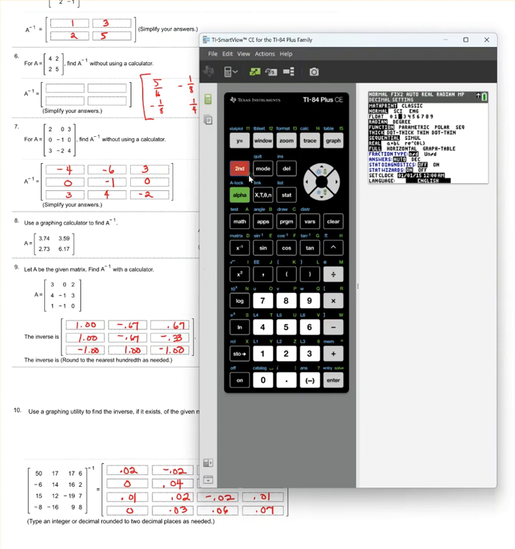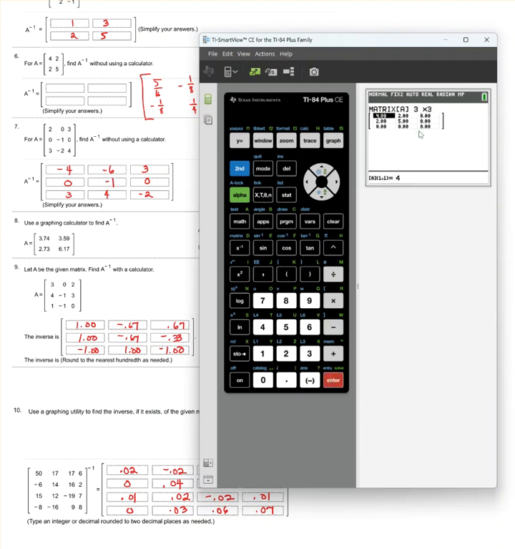So second matrix, over to edit, enter, and that's a 3 by 3. All right, and see it's giving us 2 decimal places. That's fine. 3, 0, 2, 4, -1, 3, 1, -1, 0.